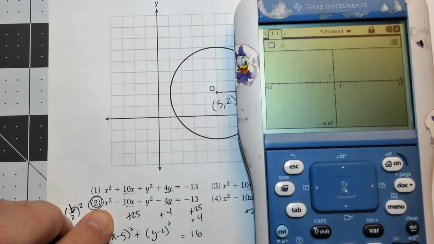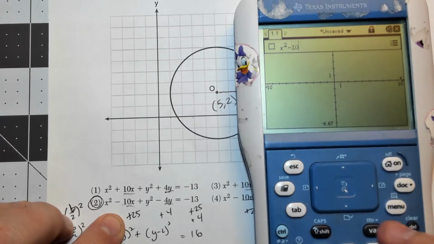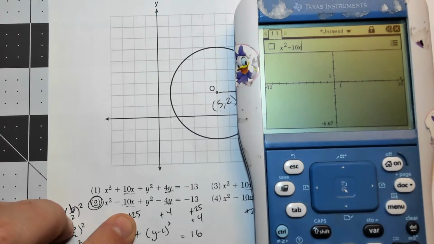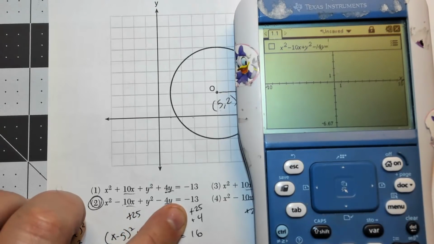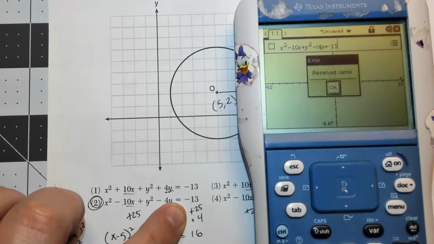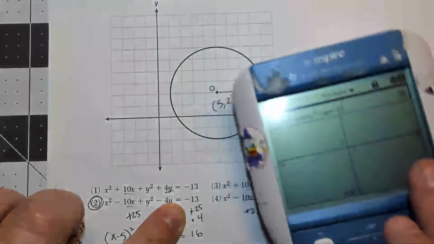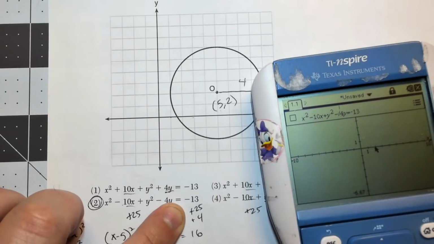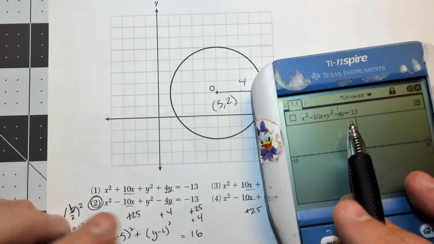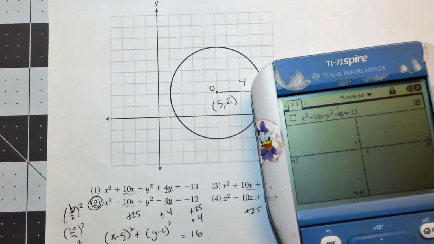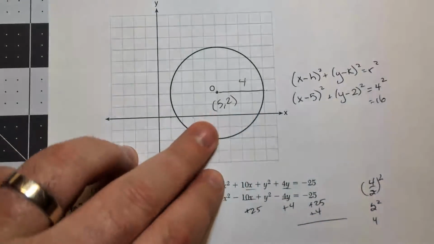So we're just going to do x squared minus 10x plus y squared minus 4y equals negative 13. This one won't do it, but if we were to do that, maybe this is why. Yeah. If you type it in normally when you delete it and graph it as a relation, it will also graph it. All we're basically doing then is looking for the equation that matches this.